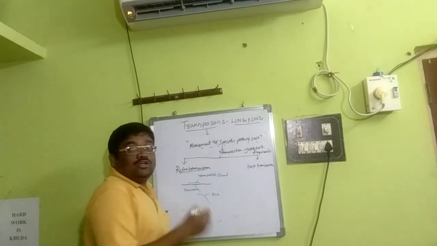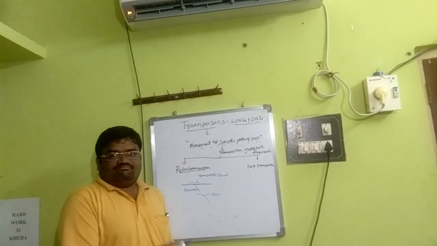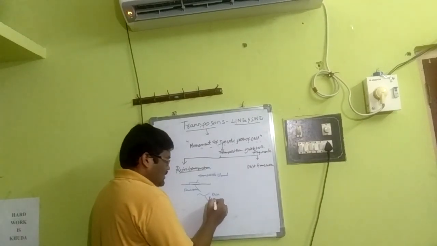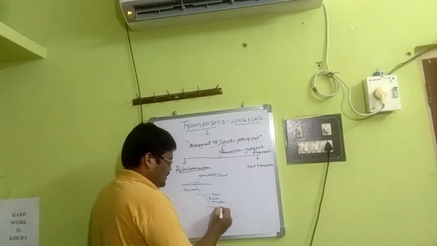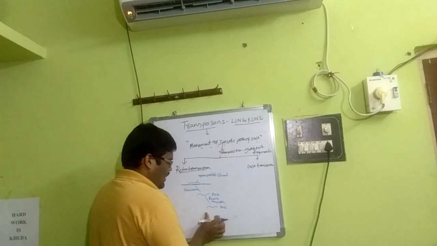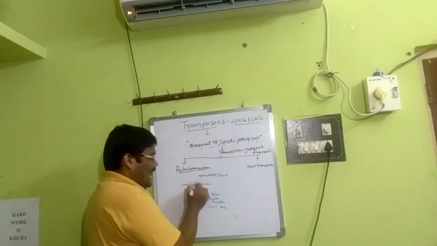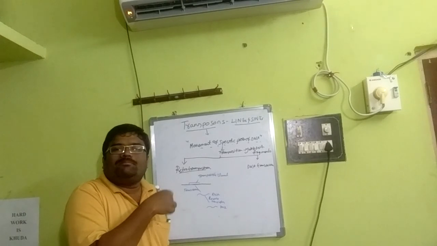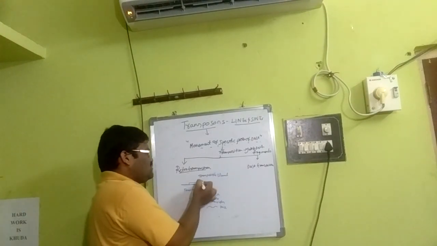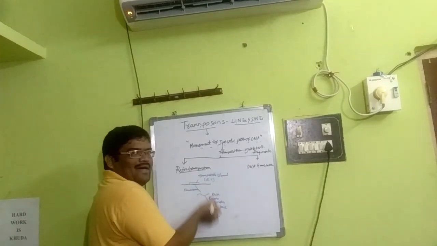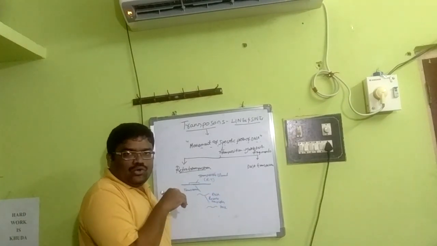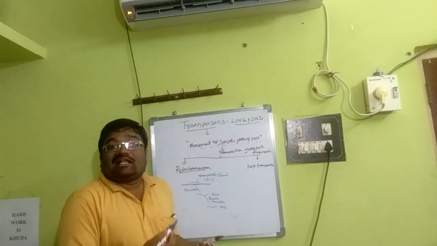Then reverse transcriptase, reverse transcription, creates DNA. And this is another copy of one particular retrotransposon. Here the kind of transposon is called a retrotransposon, and a copy of the same has been generated out of the reverse transcription process.